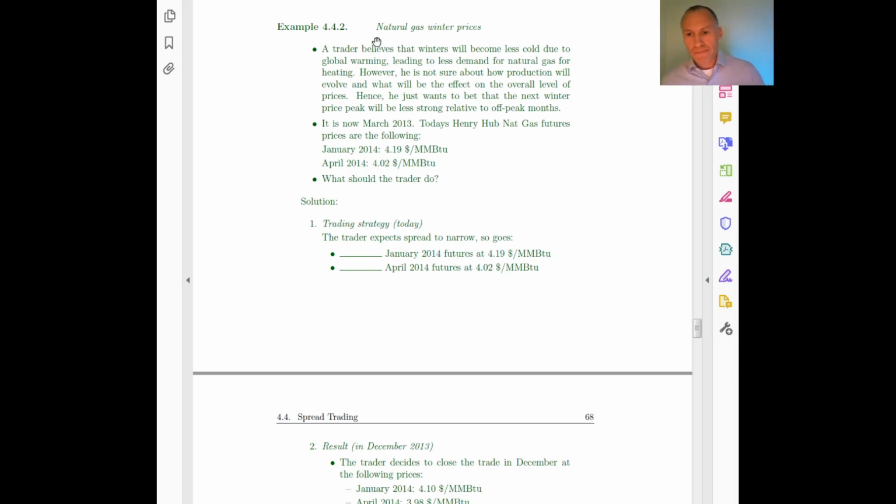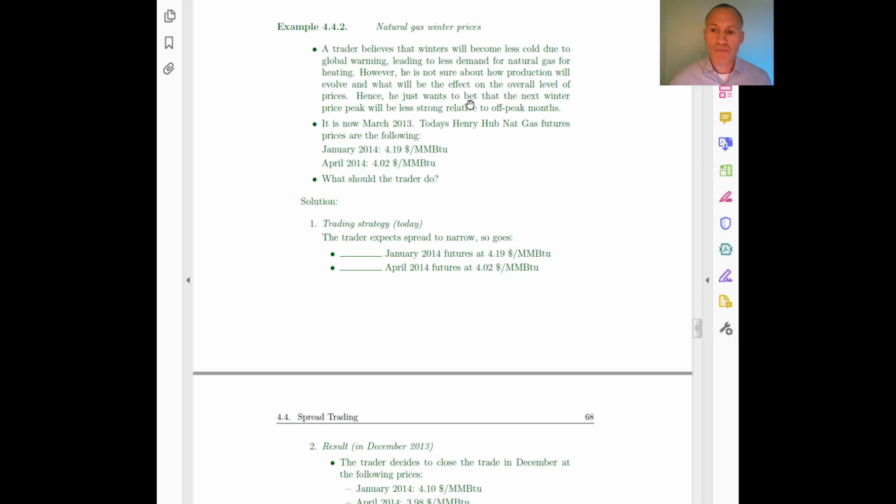So again, this is a natural gas example. We are going to trade on these seasonal patterns that we have in natural gas. So in particular here, there's a trader that believes that winters will become less cold, and therefore there will be less demand for natural gas, and so he thinks the winter peak will be smaller than what you see now in the curve.